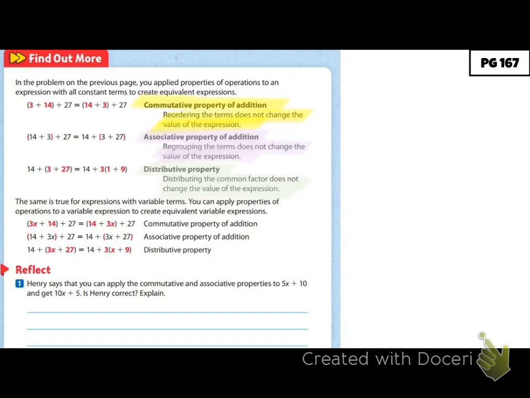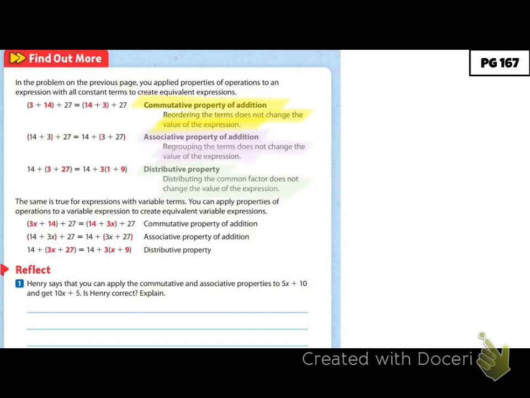For the associative property, it doesn't matter if we added 14 plus 3x first or if we added 3x plus 27 first. And then for the distributive property, 3x plus 27 is the same thing as if we pulled the 3 out and multiplied it times x plus 9. And we'll go into more detail on all of these as we go through this lesson.